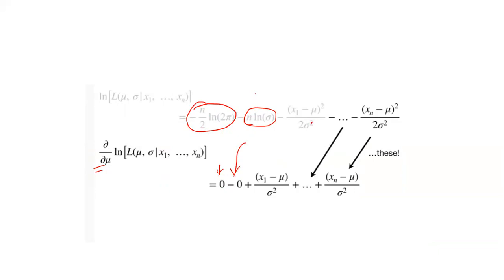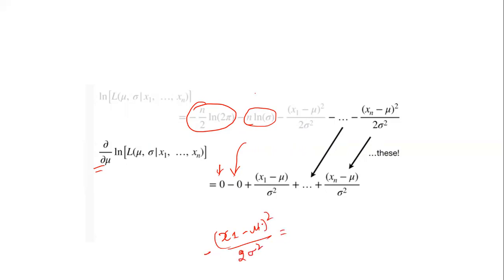So when you take the derivative of this, let me take this: it is x1 minus mu the whole squared divided by 2 sigma square. Minus, this is minus.